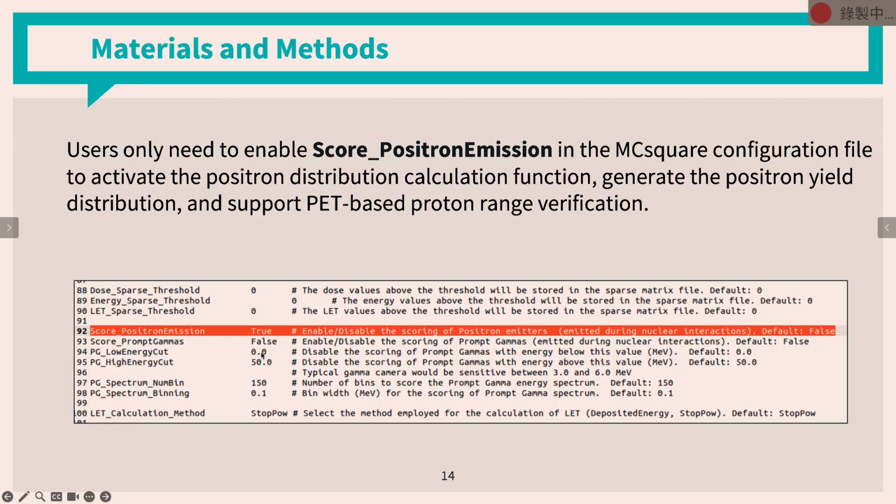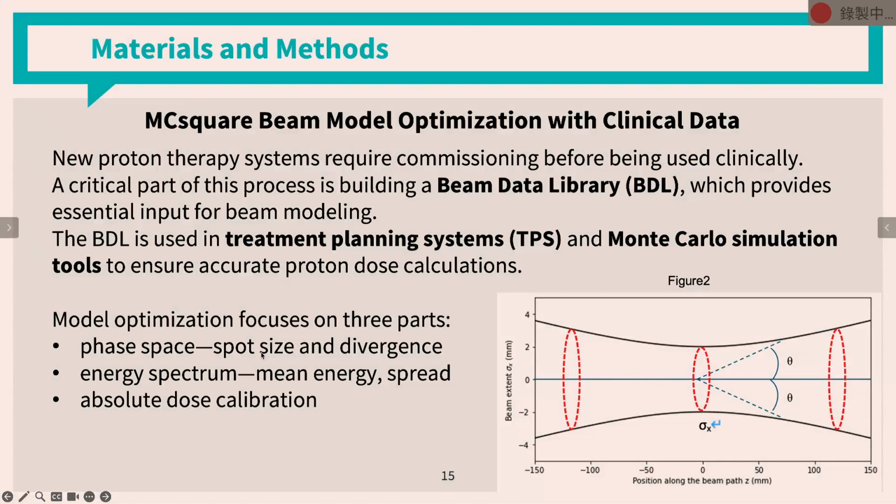And this is about the beam model optimization with clinical data. Commissioning is essential when installing a new proton therapy system, so the beam data library plays a critical role by providing key parameters for beam modeling. These data are used in treatment planning systems and Monte Carlo engines like MC².